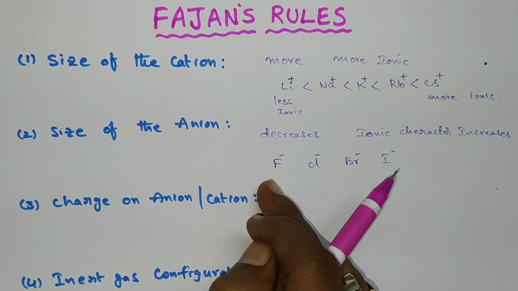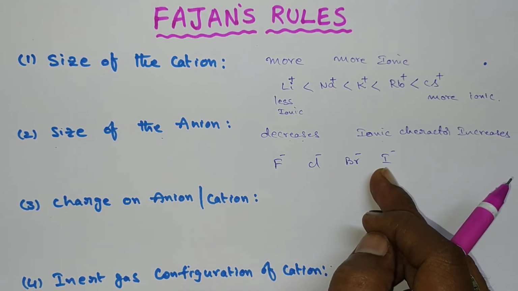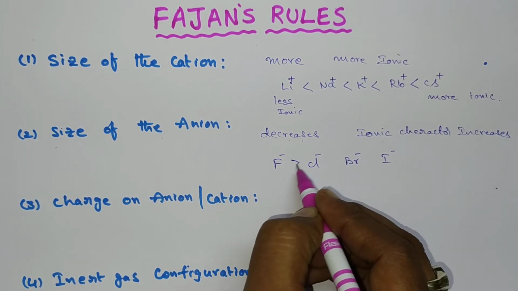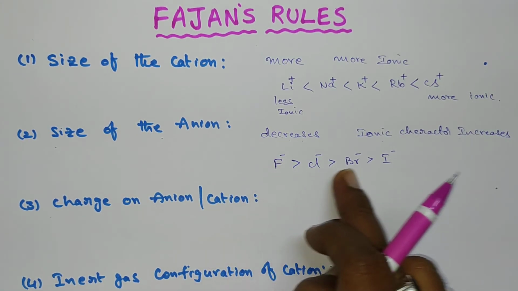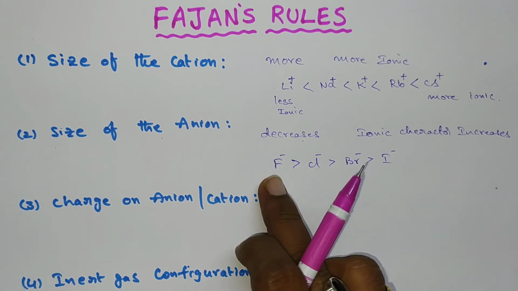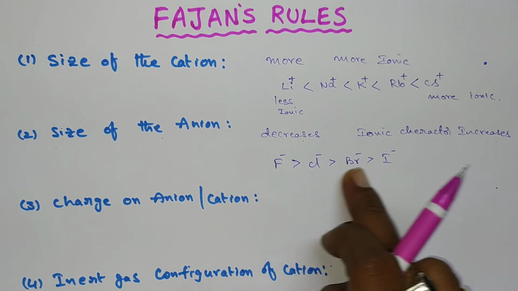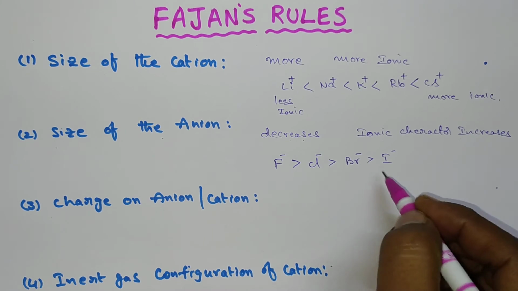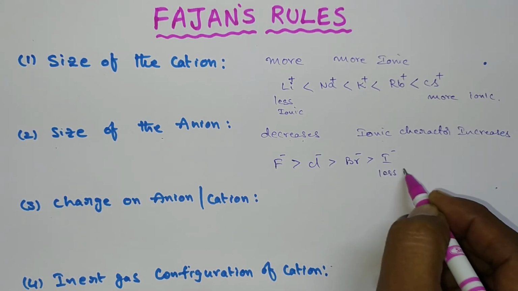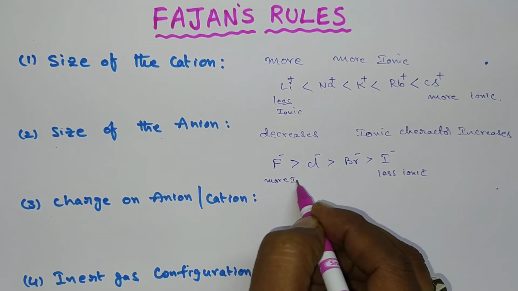Here the size goes on increasing from top to bottom, so the ionic character goes on decreasing. That's why the order should be like this: from left to right the size of the anion increases, from fluoride ion to iodide ion, so the ionic character goes on decreasing. So this will be less ionic and this will be more ionic.